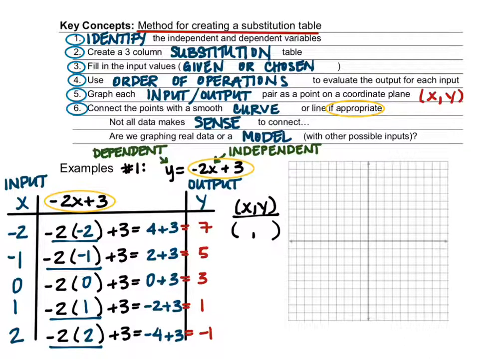That is done strategically, so it's kind of organized in the way that we want to write it down. So we're going to always keep this for all of them, where we have parentheses and then a comma in between them. So we'll start with negative 2 comma 7, and we place that by going 2 to the left and up 7. So these are directions, remember. So we start at the origin, which is right here at 0, 0.